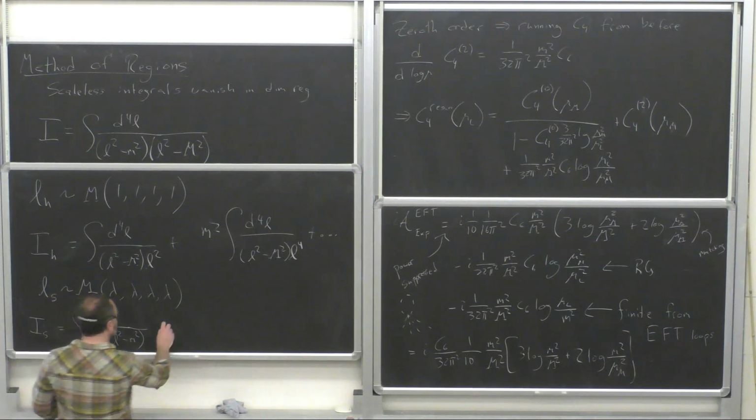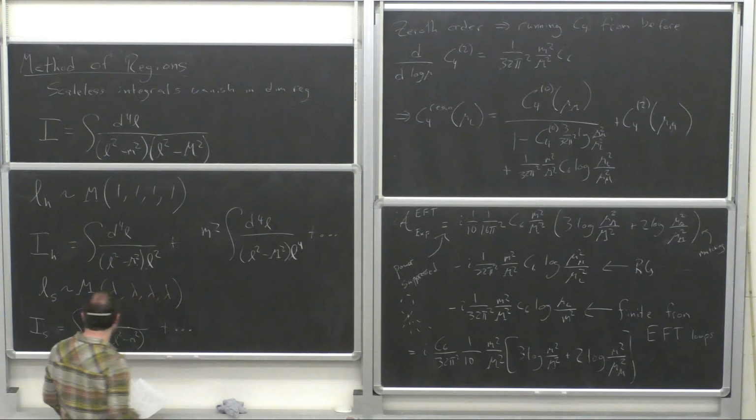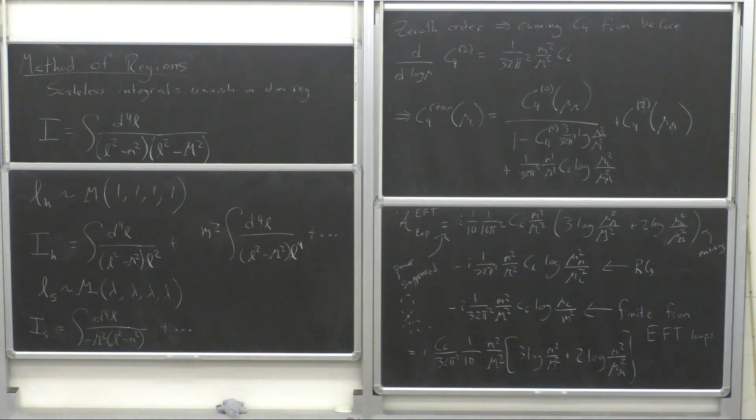Again, plus higher order terms. Okay? And here I know where I'm going, so I'm only keeping the leading term here. I kept two terms there. Okay? You'll see why.